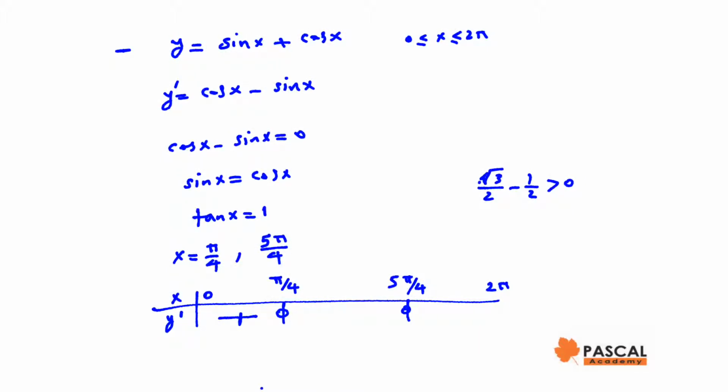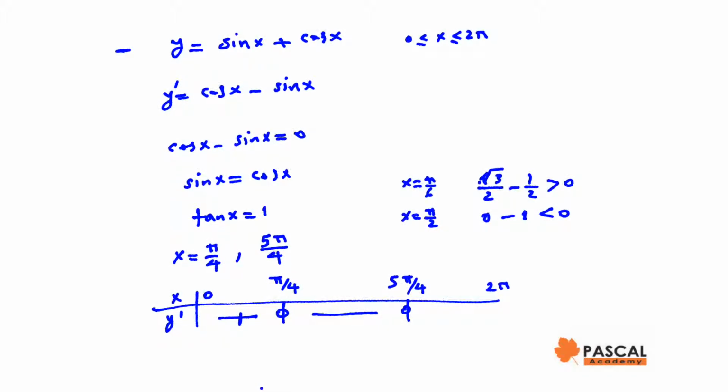Between pi over 4 and 5 pi over 4, we choose pi over 2. Cosine of pi over 2 is 0. Sine of pi over 2 is 1. Therefore, for x between pi over 4 and 5 pi over 4, the derivative is negative.